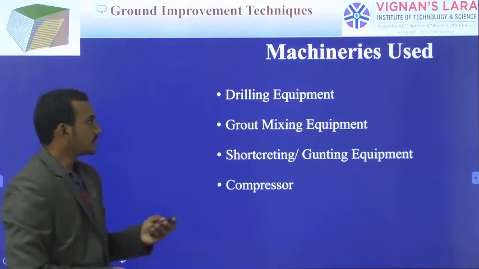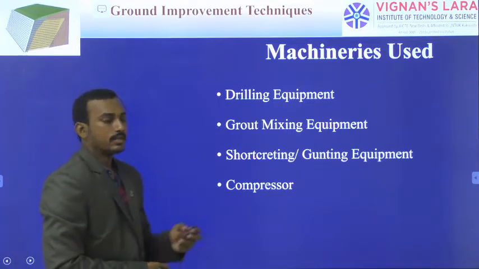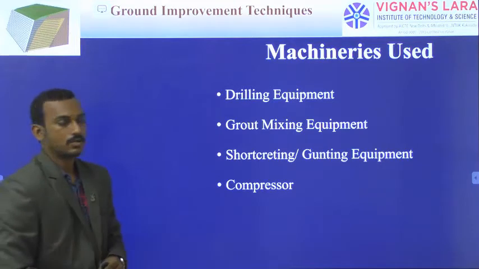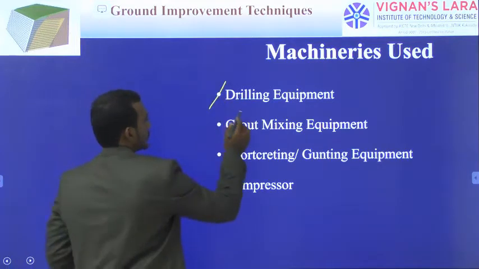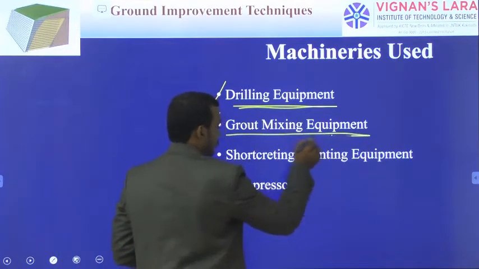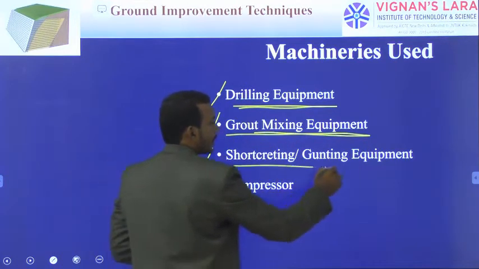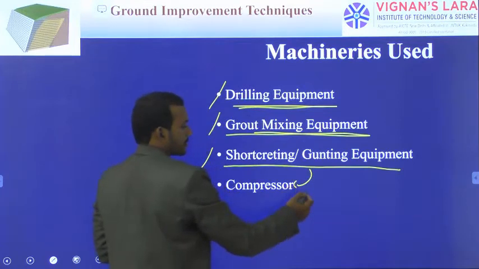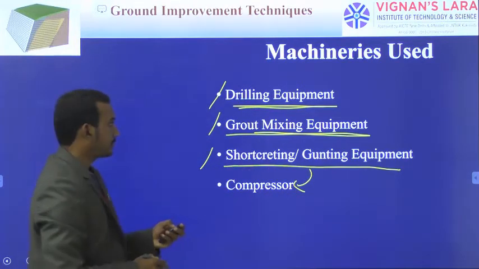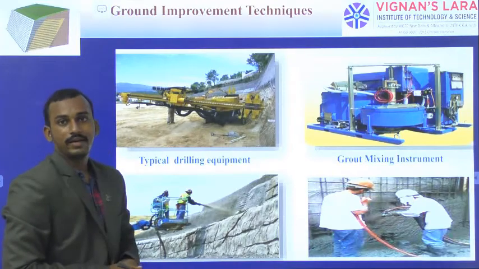The next one is, see, this is the equipment used. The previous one was materials used. These are the machineries used. We generally use three or four types of equipment, that is drilling equipment, grout mixing equipment, and shotcreting or guniting equipment, which is a compressor. A compressor is also a shotcreting or guniting equipment. Okay, the first one is drilling equipment.